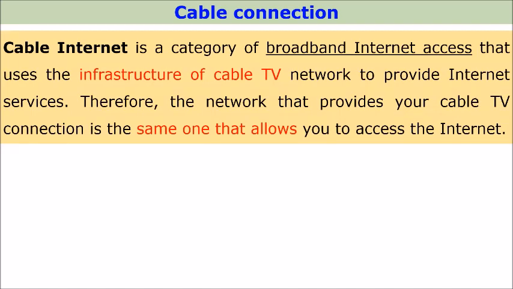Here it says the network that provides your cable TV connection is the same one that allows you to access the internet. That means the line is the same line you are using to see the TV services and to get internet. Right. Write down the paragraph here.